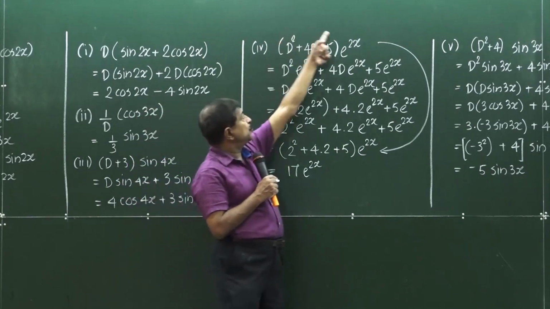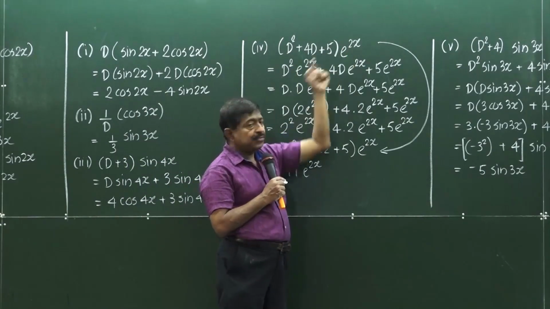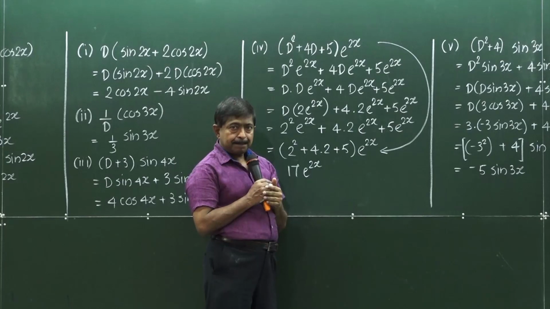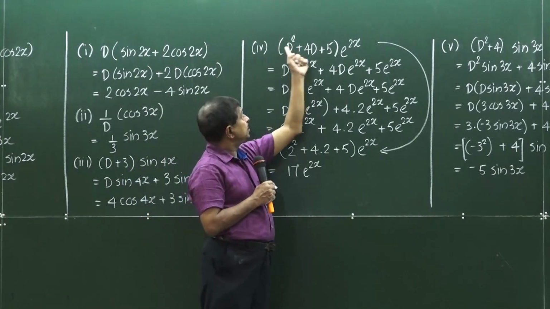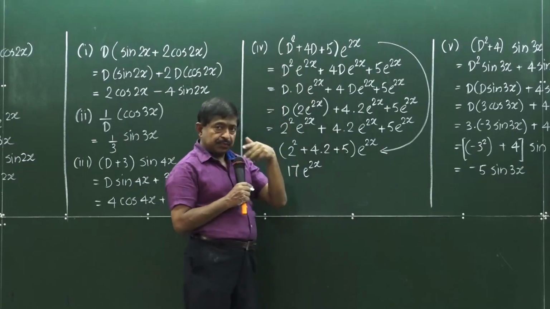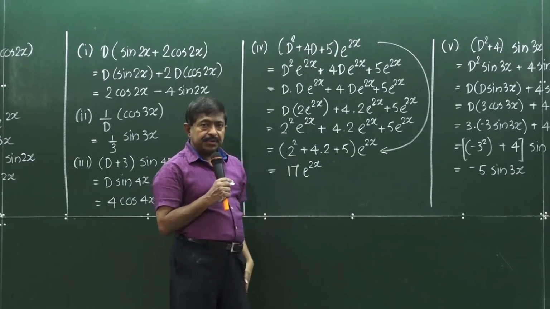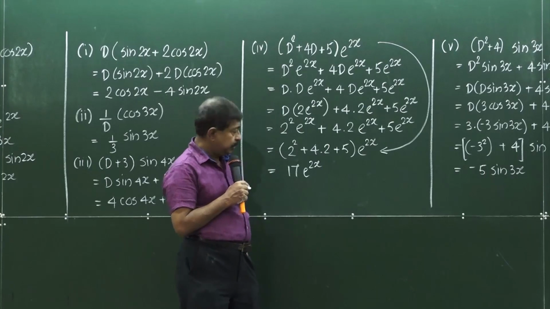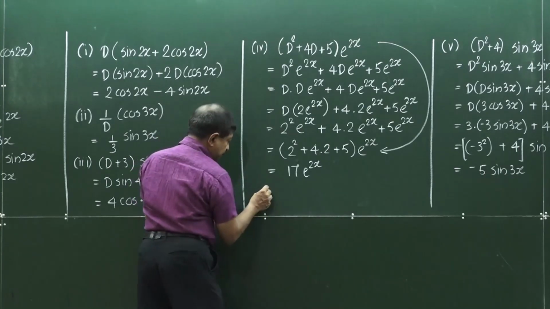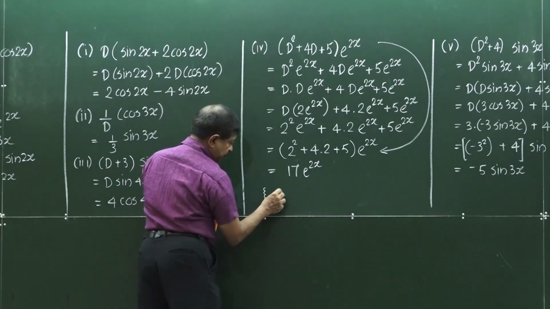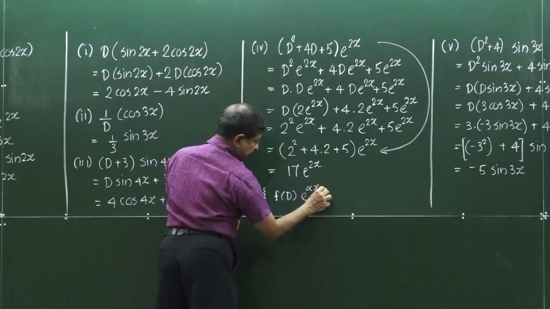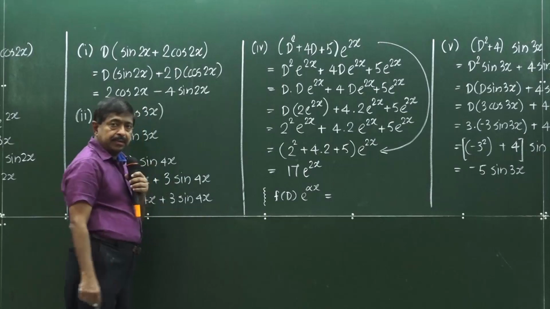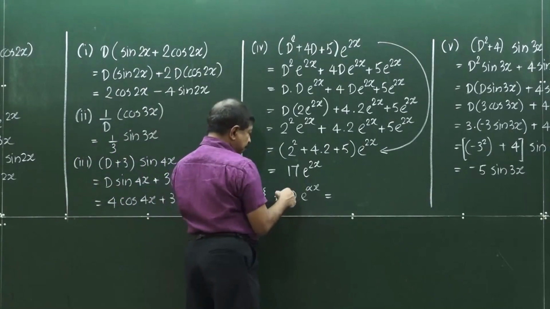If you have a function of D acting on e to the power alpha x, you can replace D by 2 here. Otherwise, if you have any alpha, you can replace D by alpha. So it is something like this. You can have any function of D. What would you get? You can simply plug in alpha here.